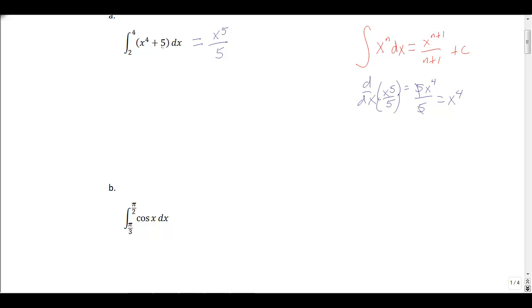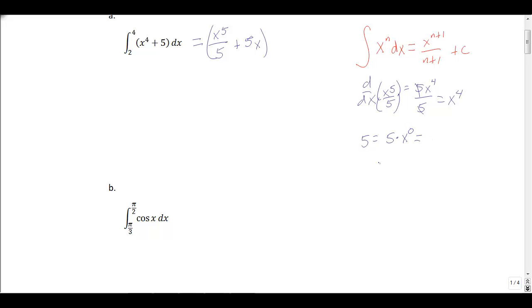What will differentiate to 5? Well, I can just think about this a little bit and say it's 5x. Or you can actually use this rule over here by noticing that 5 equals 5 times 1, which is x to the 0.